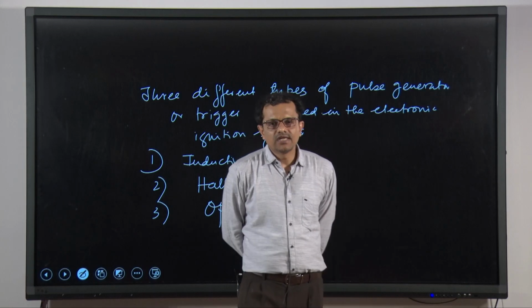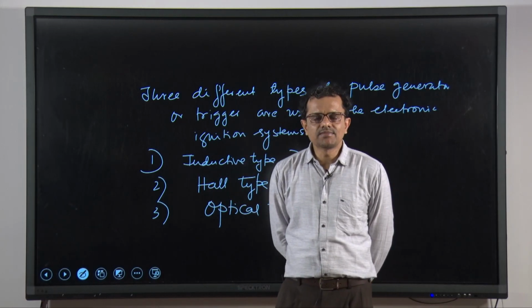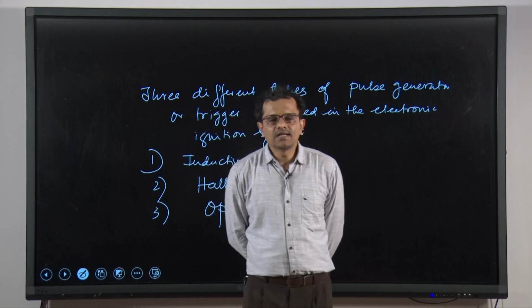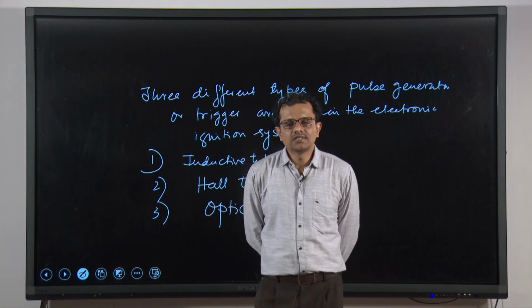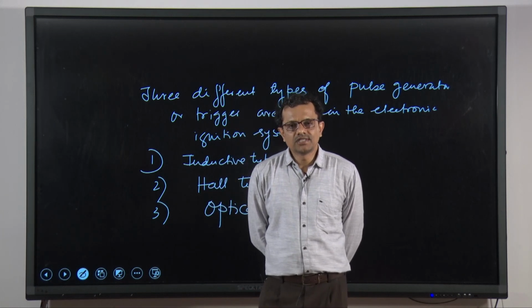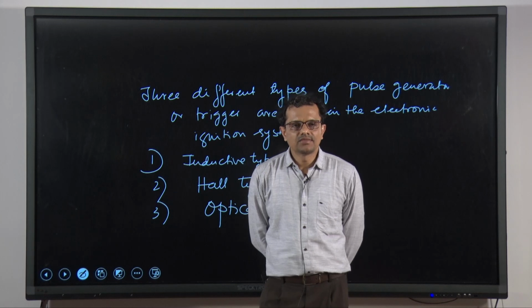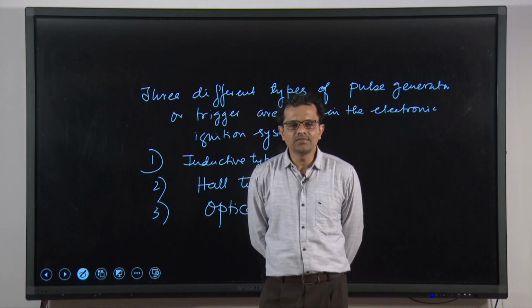So, to summarize our today's discussion, we have discussed the battery ignition system which was used in old engines. We have identified the functioning of the battery ignition system.